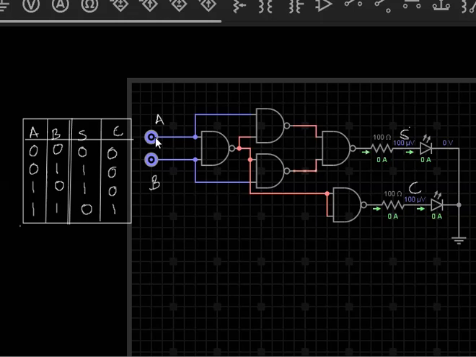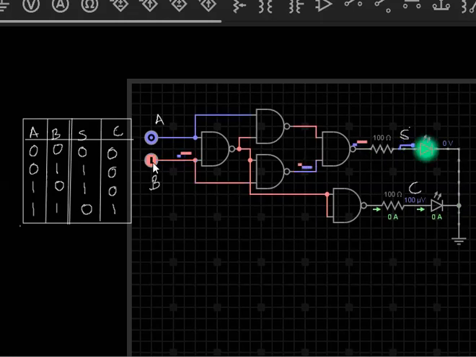We know that when both inputs are low, the outputs S and C are low, and when A is 0 and B is 1, the sum goes high. It is the second case.